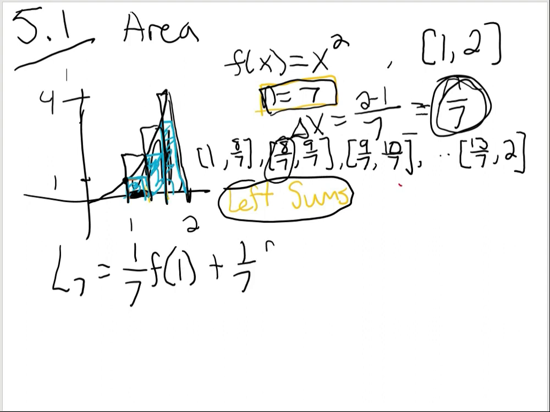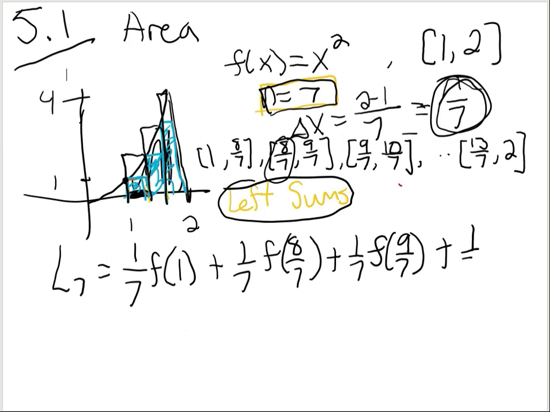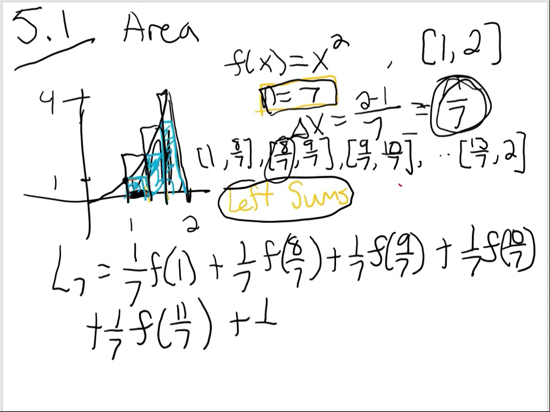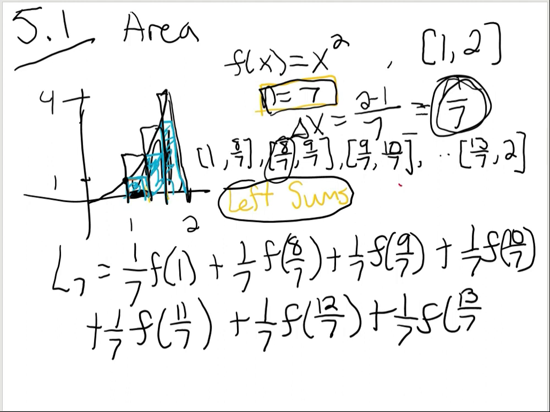Look at the left endpoint, f of 8/7, plus 1/7, f of 9/7, plus 1/7, f of 10/7, plus 1/7, f of 11/7, and we're almost there, 12/7, plus 1/7, f of 13/7. And that's a big computation, but it's only that, a computation.